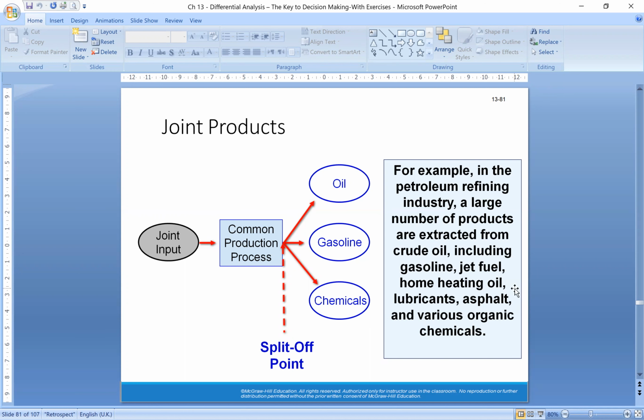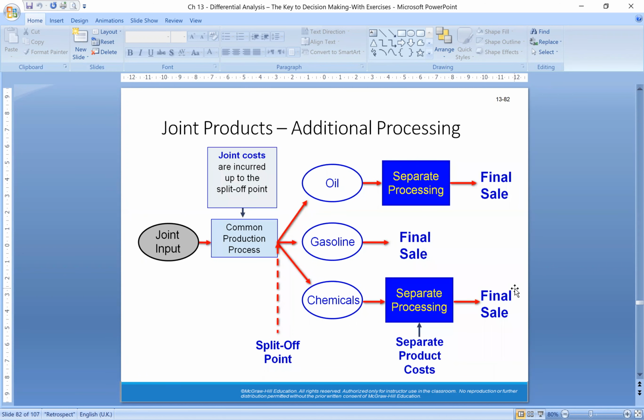Now, we need to decide to sell it as it is, at this point, which is called the split off point, or to sell it after further processing at the final stage here.